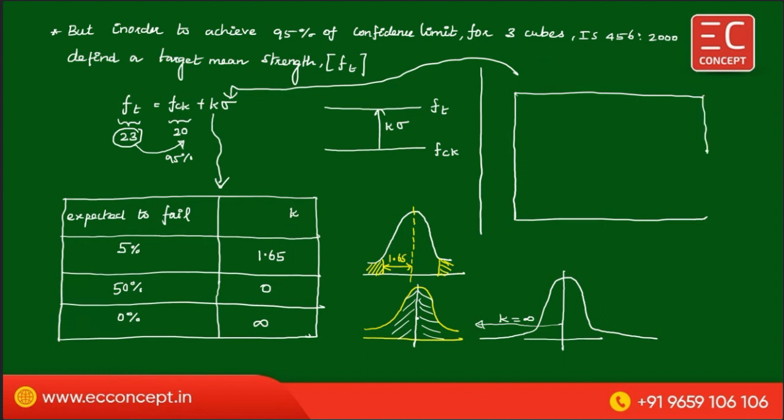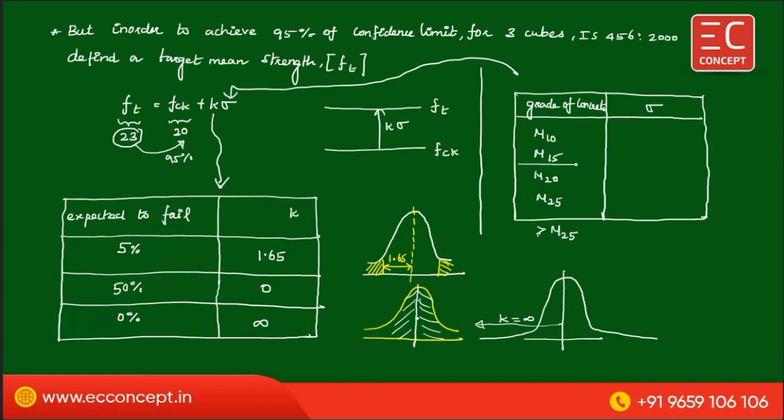Therefore, if you plot the values, this is sigma, and this is the grade of concrete: M10, M15, M20, M25, greater than M25.